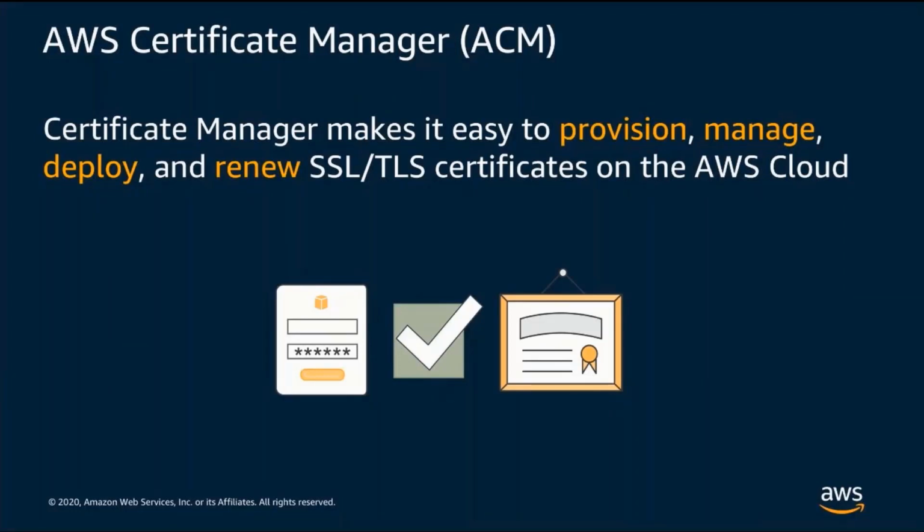And at 11 months, ACM will automatically issue a new certificate called a renewal to replace the old certificate. It will then take that certificate and associate it with the resource that was using the certificate so that you have a new certificate that's now valid for another 13 months. This ensures that you don't have a termination of service at any point due to your certificate expiring.